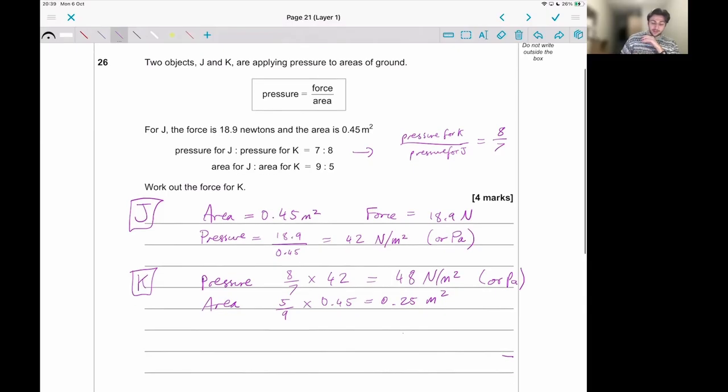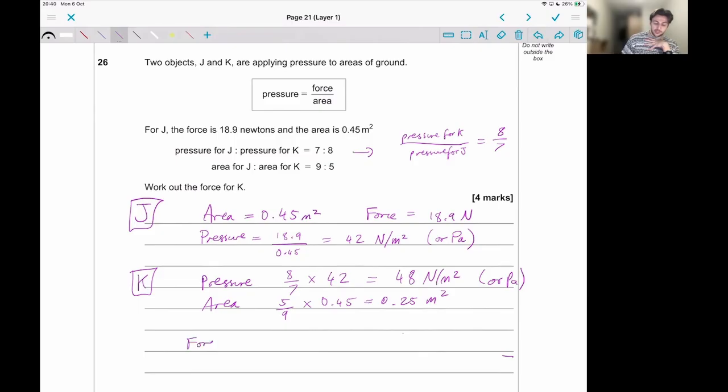Finally, we need to find out the force for K. How do we work out the force for K? Well, we can use this equation. We've got the pressure, we've got the area. So you can see that to get the force on its own here, we need to multiply by the area to get rid of it on the right-hand side, which means we also need to multiply by the area on the left.